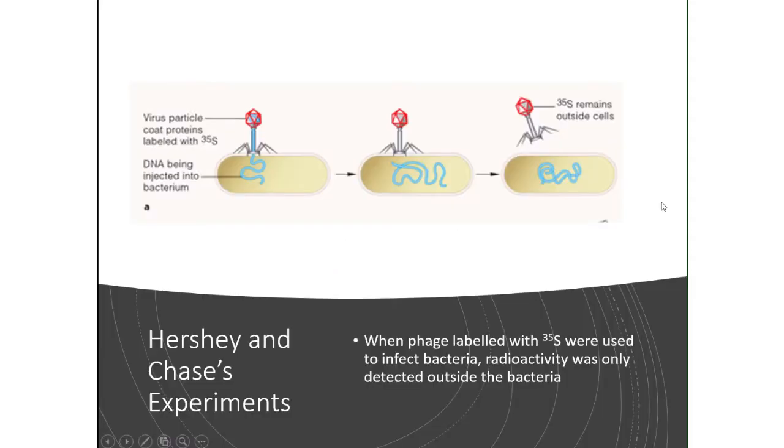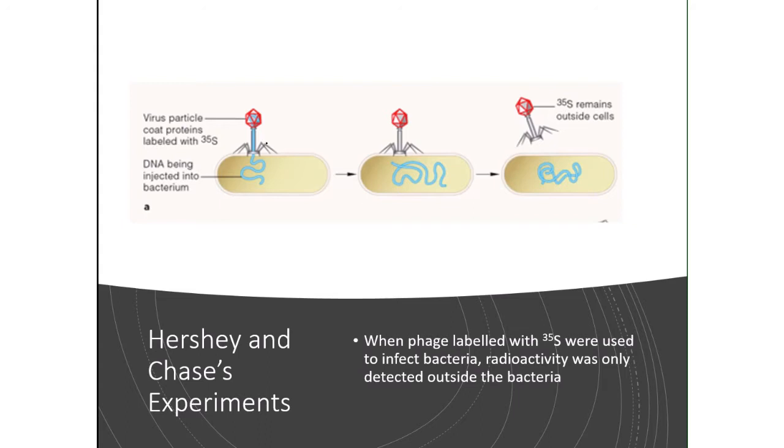So how does the phage work? The phage attaches to a bacterium, and then it injects something into the bacterium that allows it to replicate itself. Hershey and Chase were trying to determine what exactly it is that the phage injects into the bacteria.